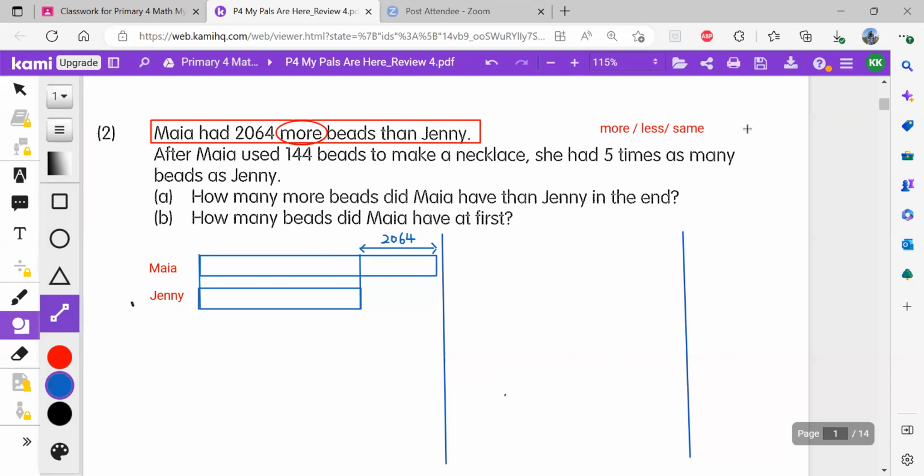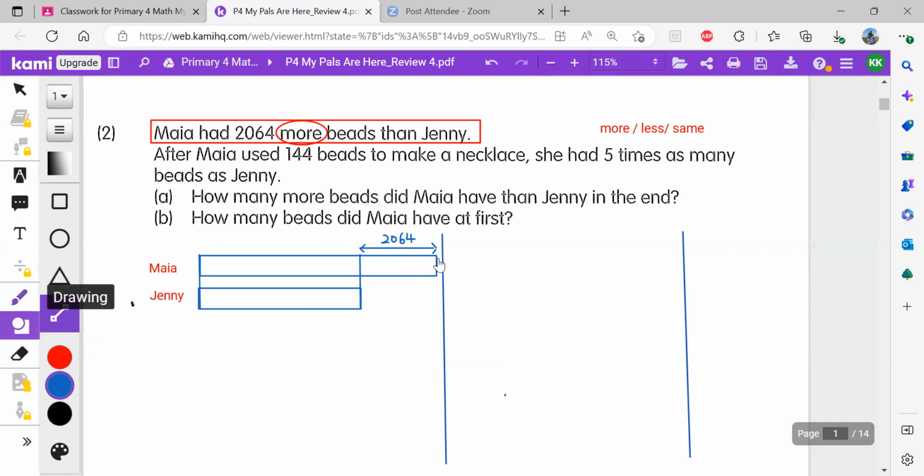After Maya used 144 beads to make a necklace, she has 5 times as many beads as Jenny. Oh, my model wasn't drawn accurately actually. Now, where is 144 beads? Would 144 beads be more than 2,064 or less than 2,064?